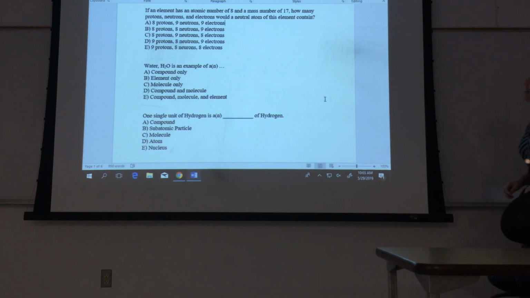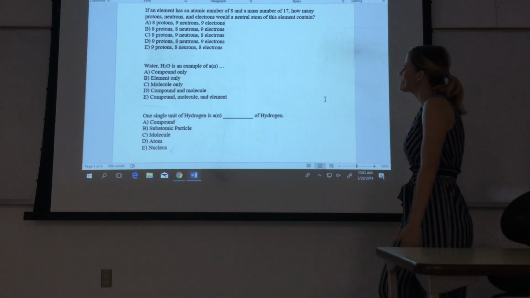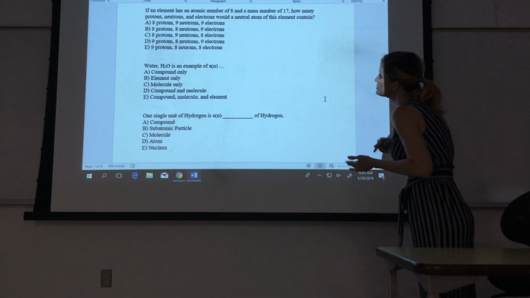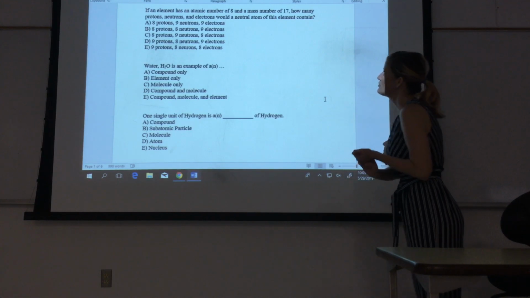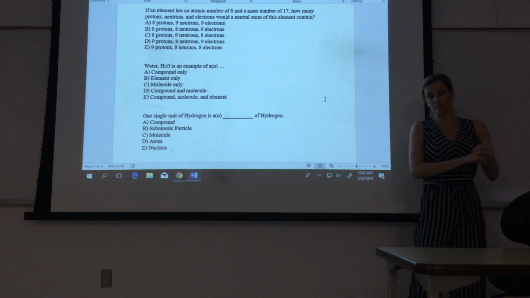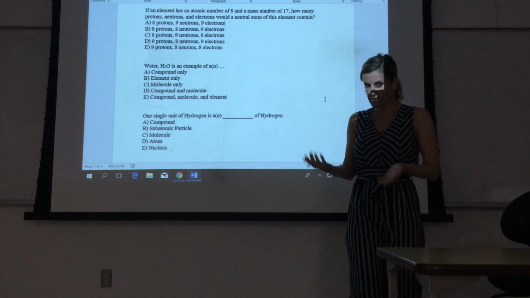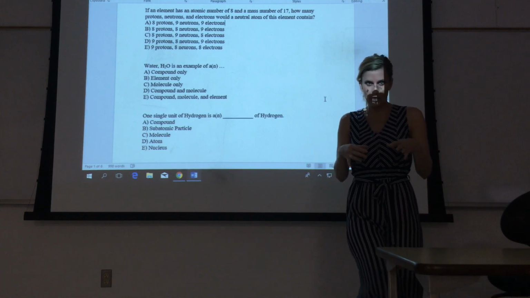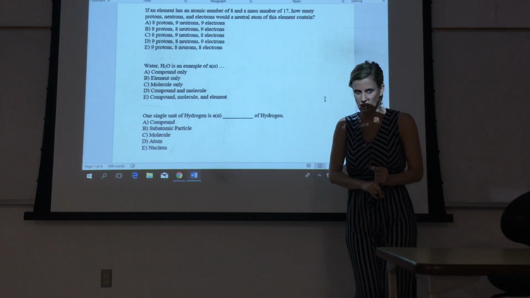If an element has an atomic number of 8 and a mass number of 17, how many protons, neutrons, and electrons would a neutral atom have? First of all, you have to know what the atomic number tells you, and then you have to know which of the subatomic particles go into the mass. Right off the bat, the atomic number tells you how many protons.